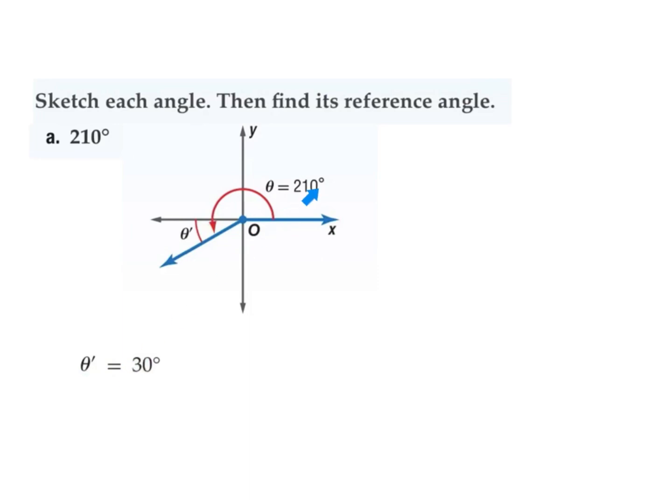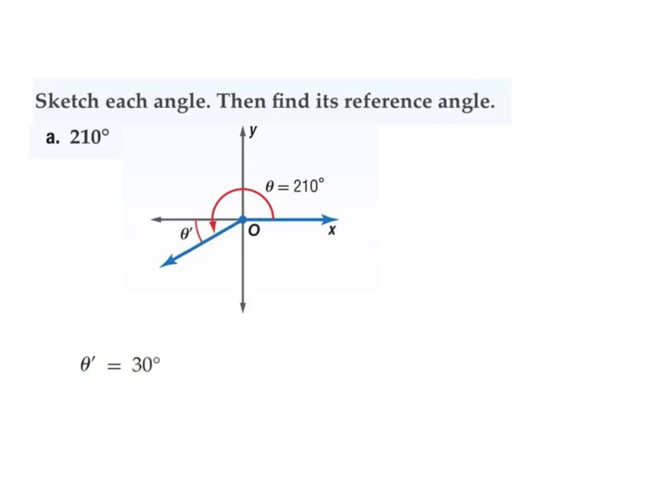This one will be positive, this one will be negative. Same for the cosine, since cosine is with x. X is negative here, so the fraction will be the same, except the cosine of 210 will be negative compared to the cosine of 30. The tangents are actually the same, right? That's why reference angles are important, because if I know one trig value for one angle, I can find other ones.